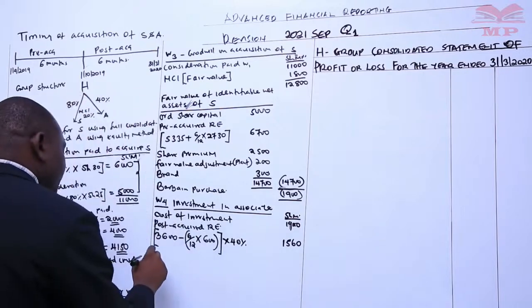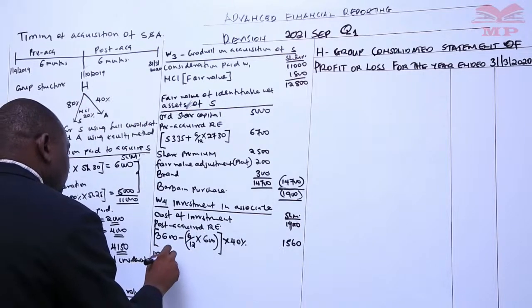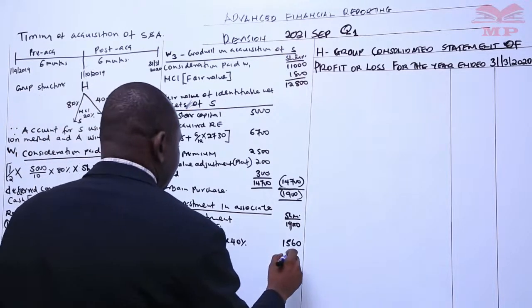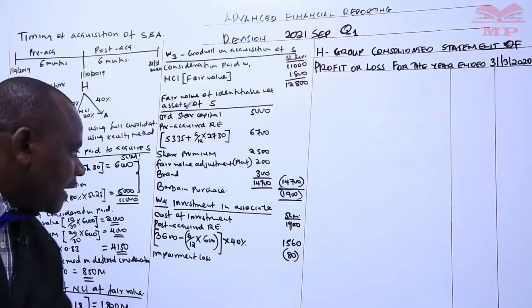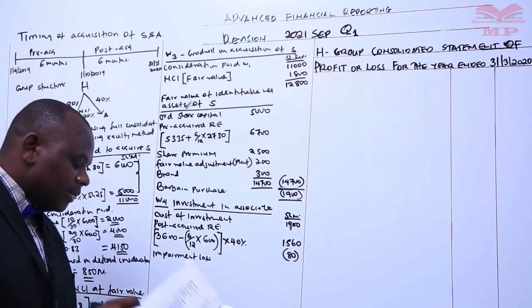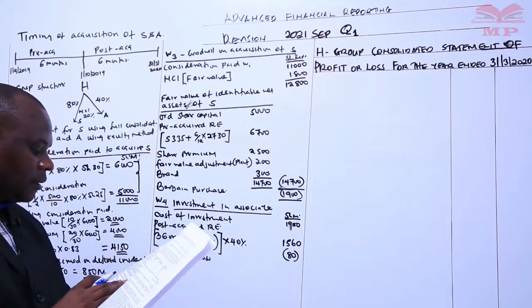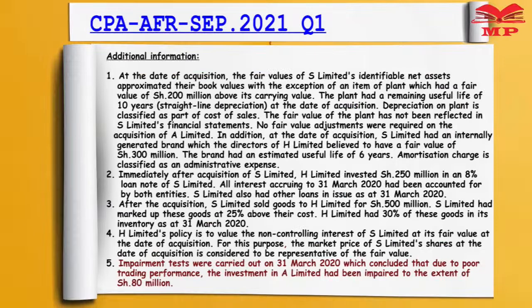And then we have impairment loss of 80. Impairment loss of 80 is provided in additional information 5. Impairment tests were carried out on 31st March 2020, which concluded that due to poor trading performance, the investment in A had been impaired to the extent of 80.